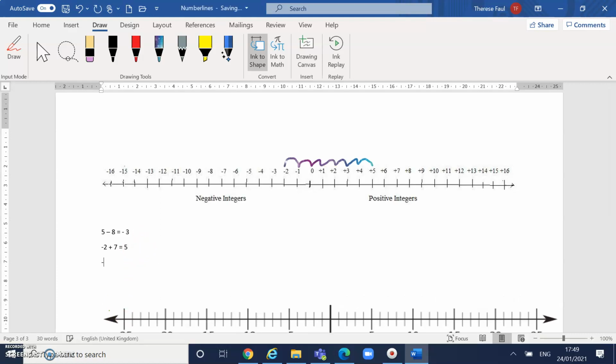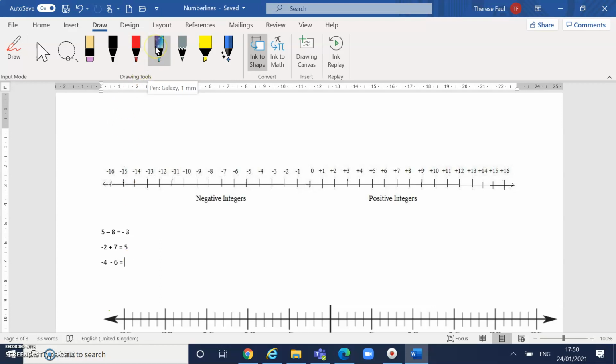Okay, let's take another example. Let's say we have minus 4 minus 6. This one is a little bit different because we've got two negatives here: minus 4, and you're taking away a further 6. If we think of what that might look like in real life, you could say it was minus 4 degrees outside and it got 6 degrees colder. So it's minus 4 minus another 6.